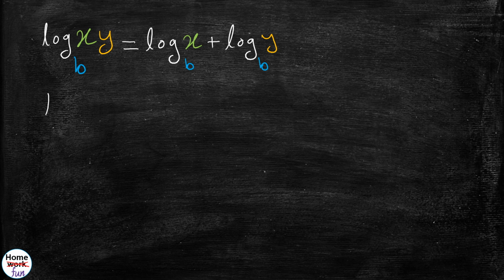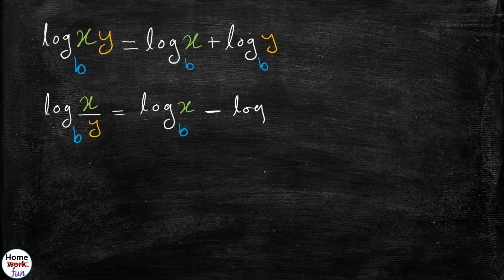So if I have log of x divided by y with a base b again, I can write that as log of x with a base b minus log of y with a base b. So I can convert division into subtraction.